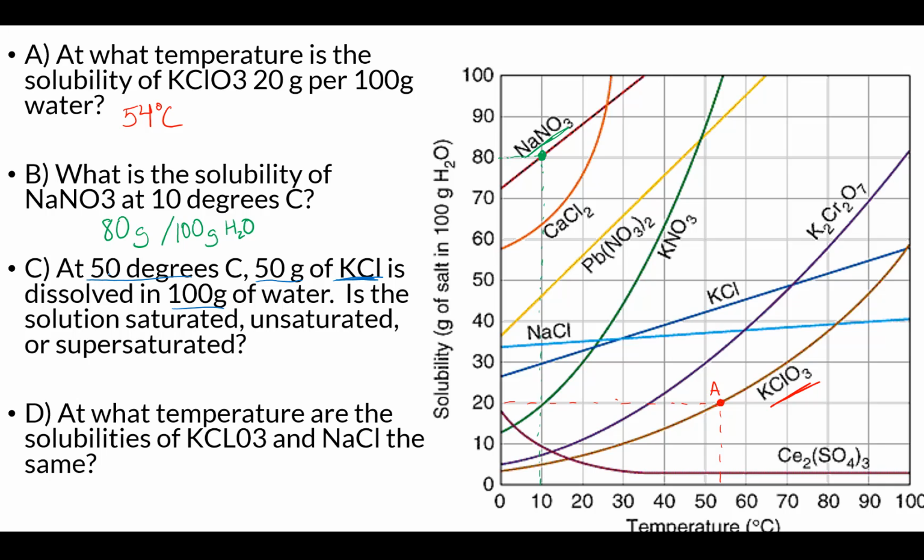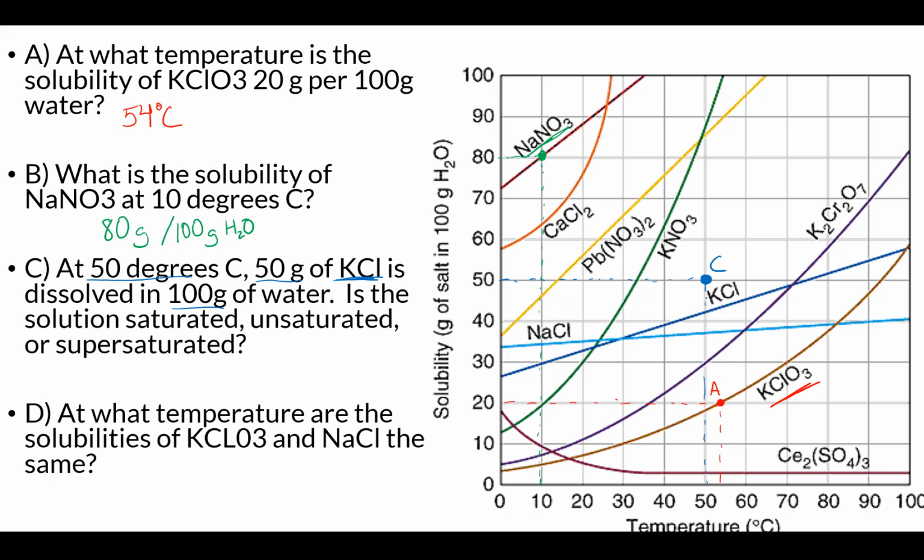So let's look at 50 degrees on our x-axis, and 50 grams per 100 grams on our y-axis. That's right here, in dark blue. Label that C, because that's at 50 degrees and 50 grams per 100 grams.